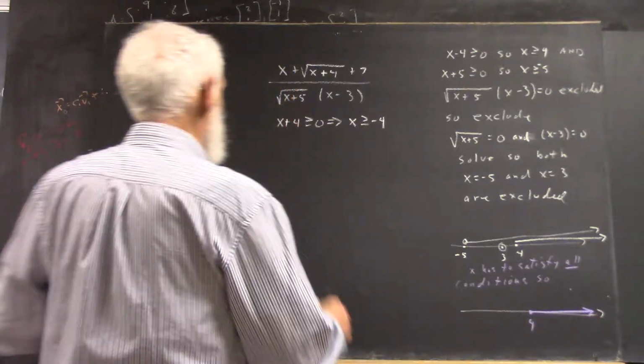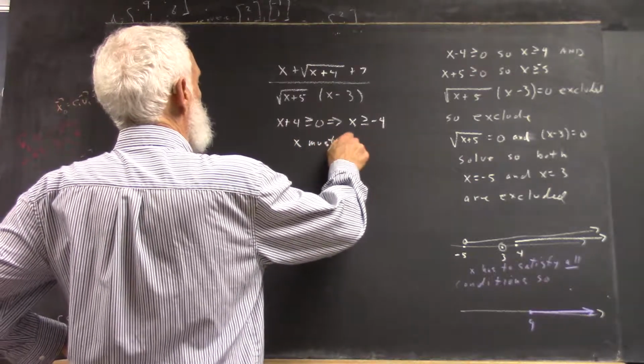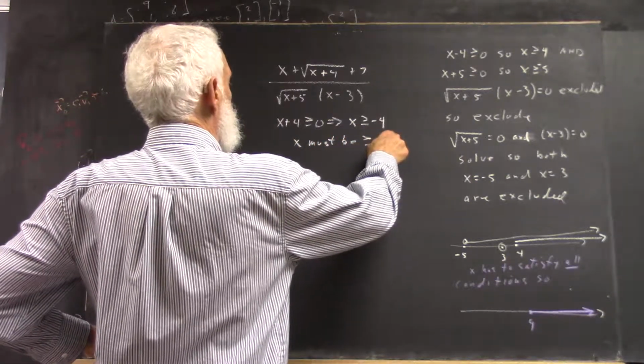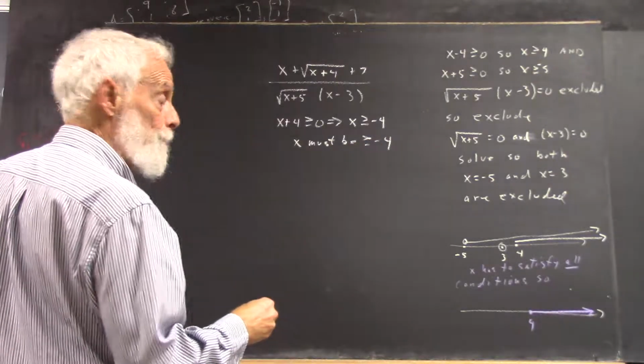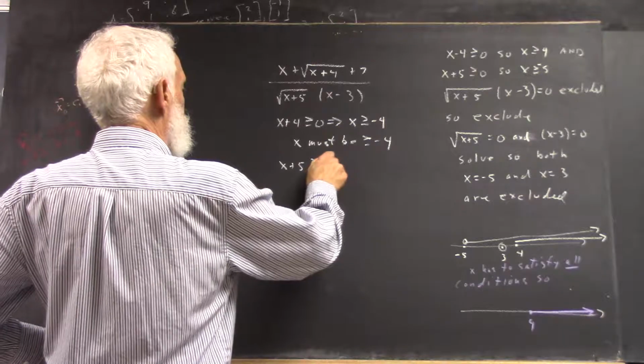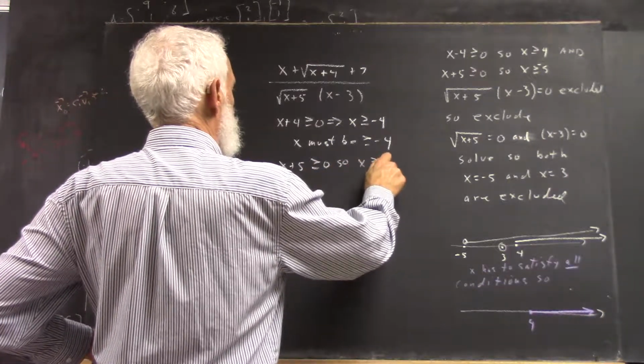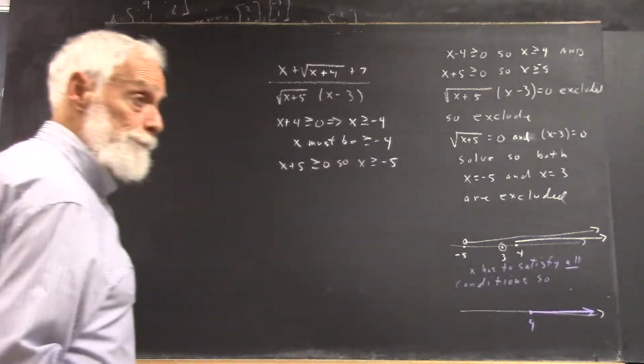So x must be greater than or equal to negative 4. Well, then we have x plus 5 has to be greater than or equal to 0. So x has to be greater than or equal to negative 5.